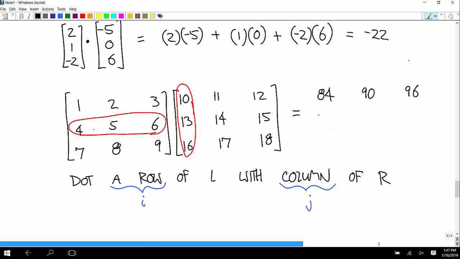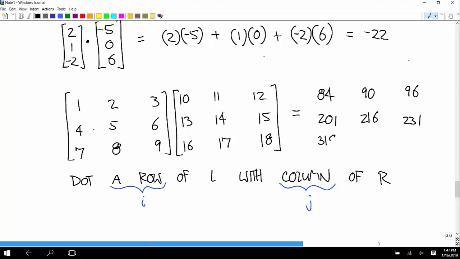You get 201. And just keep going like that. If you keep going with this, you can try this later to make sure it makes sense to you. You get 216, 231, 318, 342, 366.